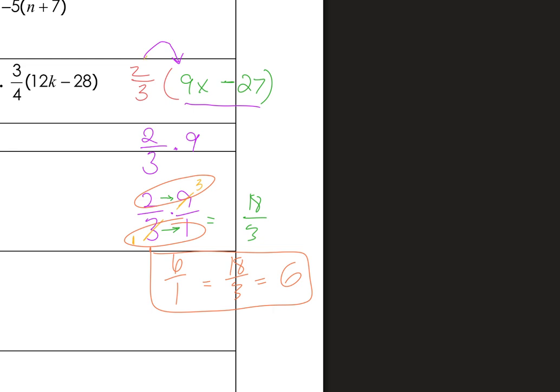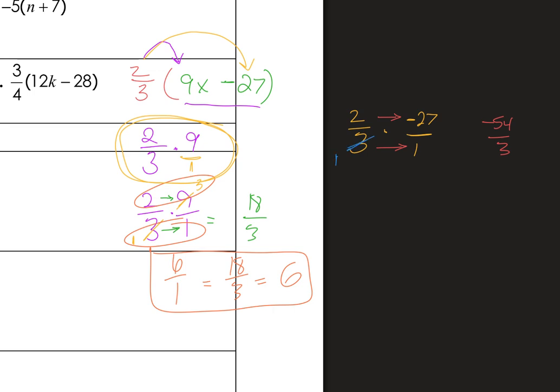Next, let's do 2/3 times negative 27. As you saw right here, we just put it over 1. So I'm going to do that right here, over 1. You can go straight across, and you get negative 54 over 3, which both of those can be divided by 3.